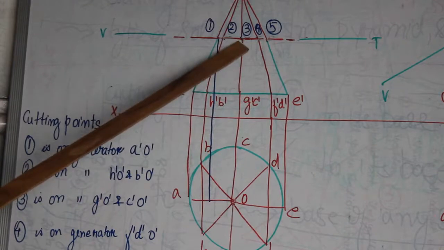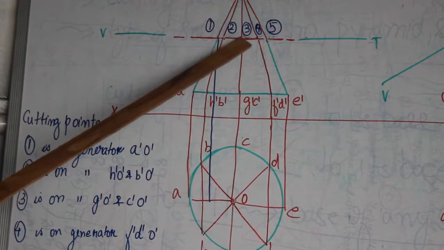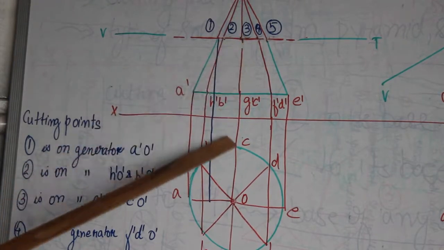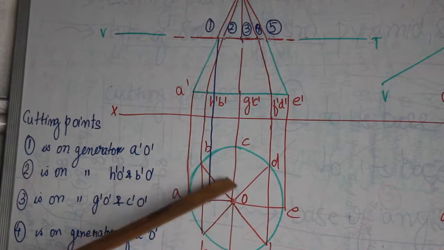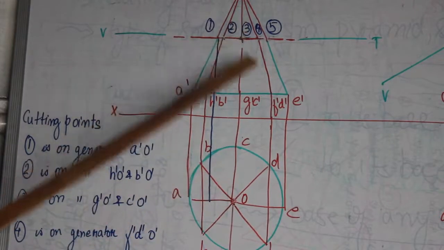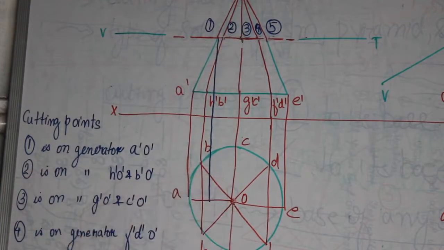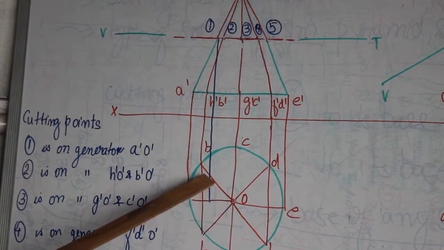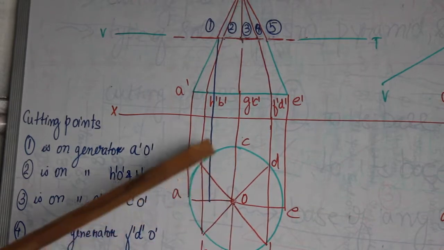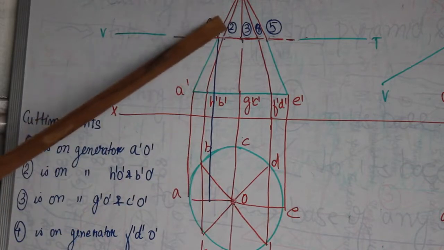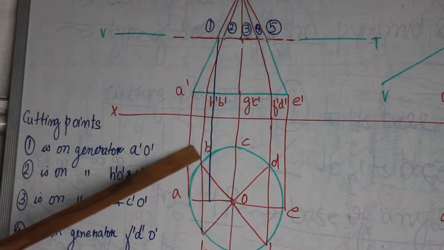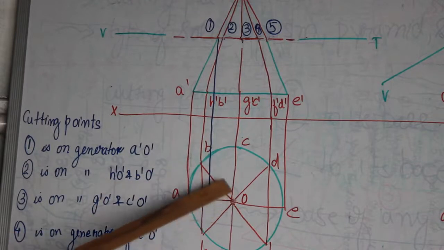Likewise, for point number 3, when I'm dropping it, I don't receive any intersections in the top view. So to obtain cutting point 3 in the top view, you will just have to take this point into account, where the dropping of 2 intersects with the generator BO in the top view.